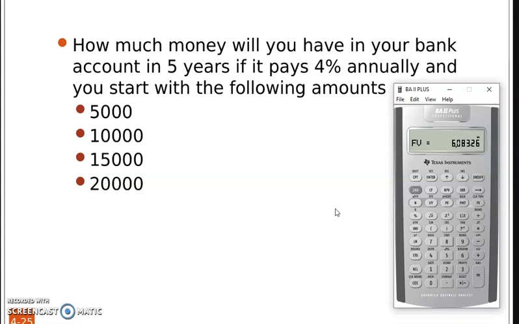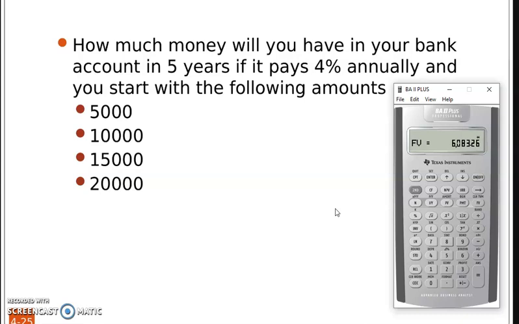Something to keep in mind is that the financial calculator always takes into account an investment outcome perspective. So either your PV should be negative with your FV being positive, or your PV should be positive with your FV being negative.